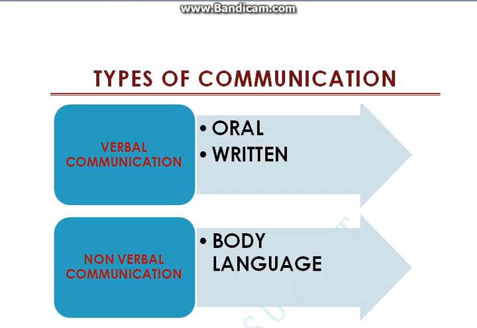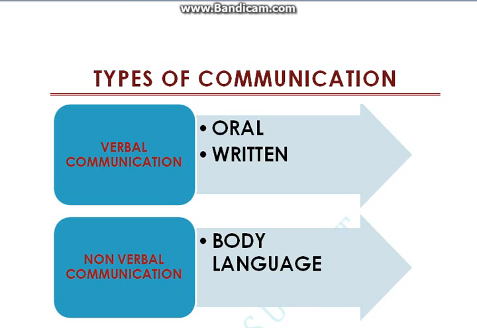Now we will be discussing the types of communication. How many types of communication are there? First is verbal communication. Verbal communication is that communication in which we tell something to someone. It can be oral and it can be written. Both come under verbal communication.